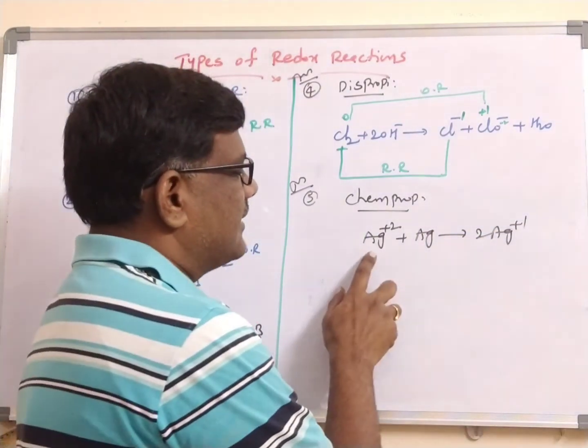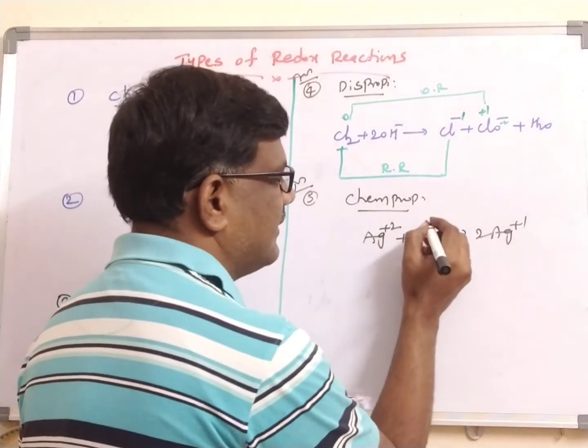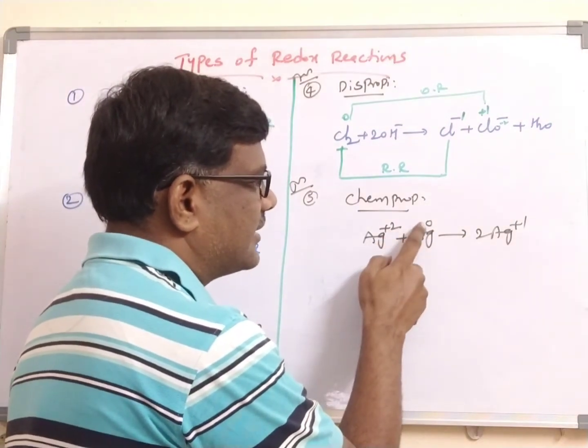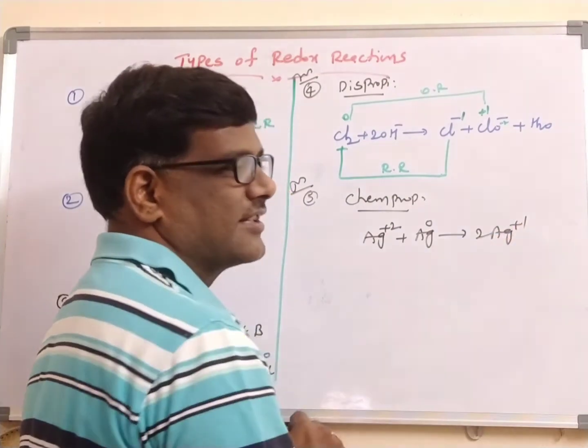Here look at it: the same element with different oxidation states. The oxidation state of this silver is the uncombined state 0. The same element with different oxidation states gives you a single product, and product B has the intermediate oxidation state.